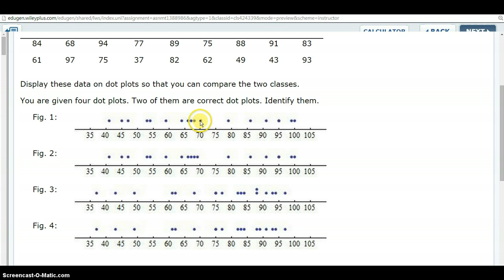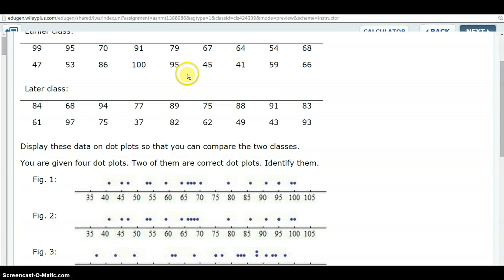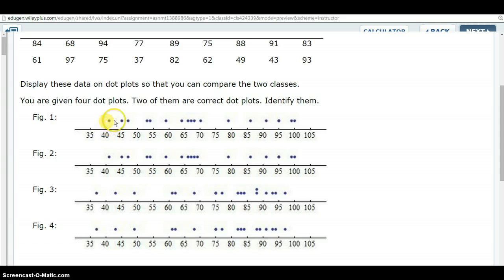And the difference is here there's a dot at 70, whereas here, instead of a dot at 70, it looks like there's a dot at 69. So what I'm going to look at is: does the earlier class have a 69 or does it have a 70? And I noticed that it does have a 70, no 69 there. So that earlier class is matching up with this first dot plot where there was a 70 in there.